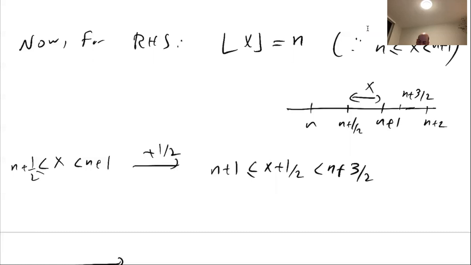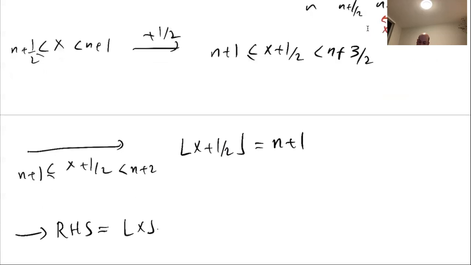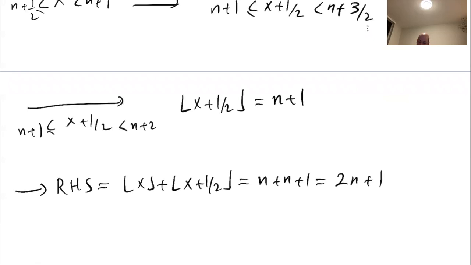So x plus 1/2 will be here in this case, which is between n plus 1 and n plus 2. So floor of it would be n plus 1. So in this case, right-hand side, which is floor of x plus floor of x plus 1/2, is n plus n plus 1, equals 2n plus 1, which is equal to my left-hand side.